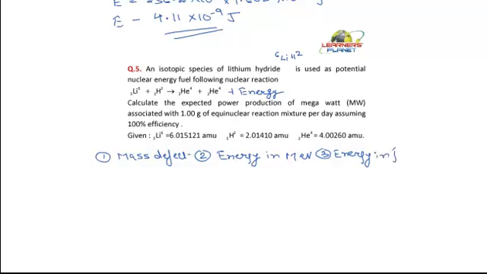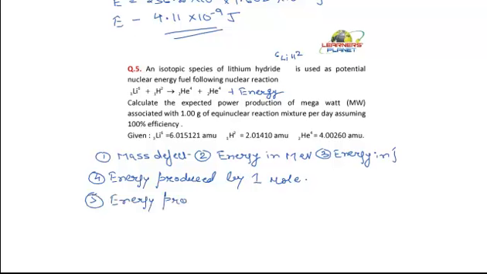into joules. Why? Because you are asked to find out the energy in megawatts. Then find out the energy produced by 1 mole, right? Then find out the energy produced by 1 gram.